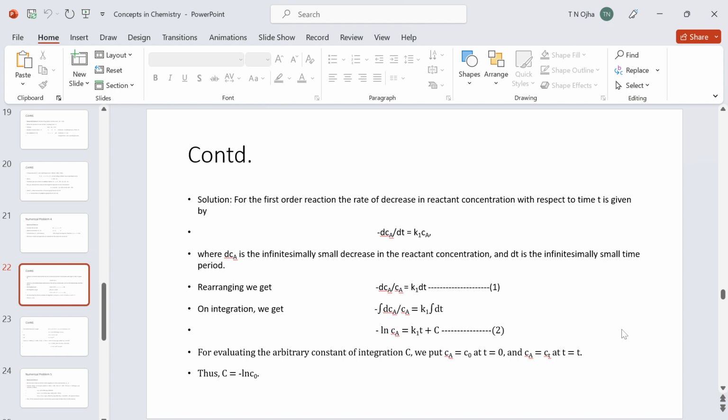For evaluating C, we can put T equal to 0, then Ca becomes C0. Thus we can evaluate C: C equal to minus ln C0.